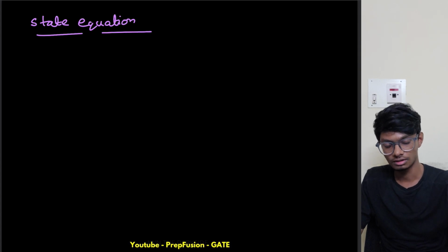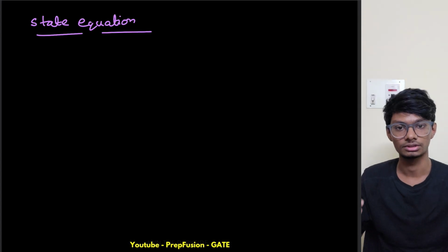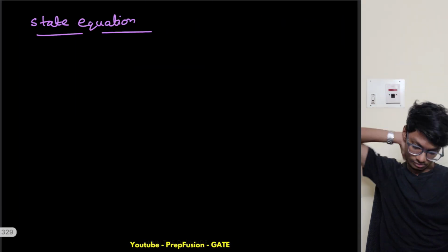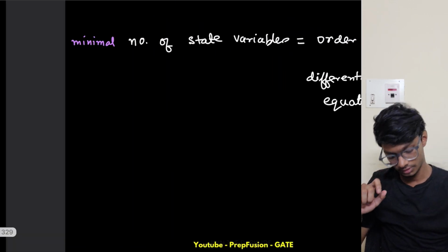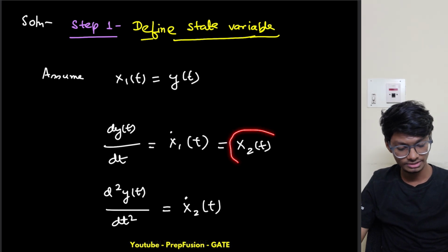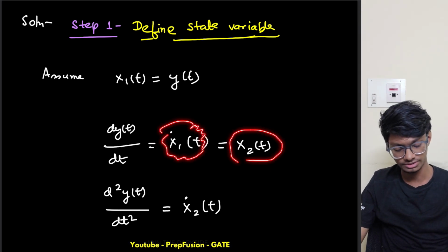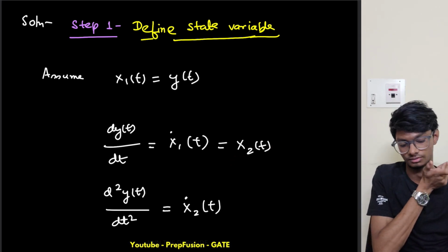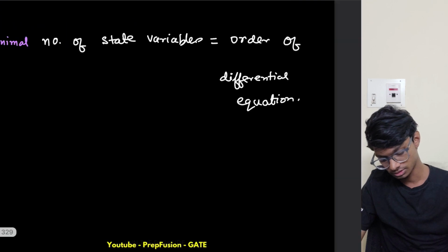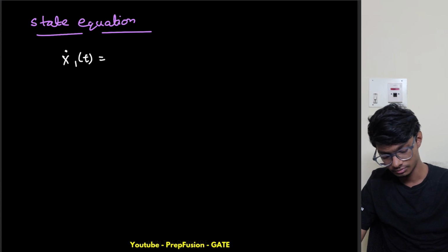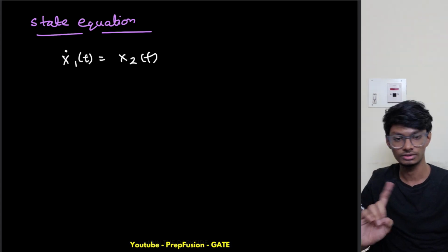This is the first state equation: it relates the differentiation of a state variable with another state variable, and the input is multiplied by 0 right now. So this is equation 1: x1 dot of t equals x2 of t. So this is one state equation.